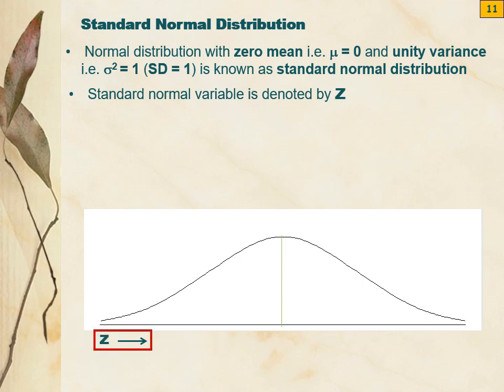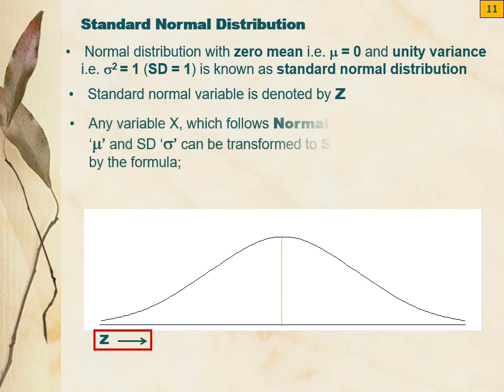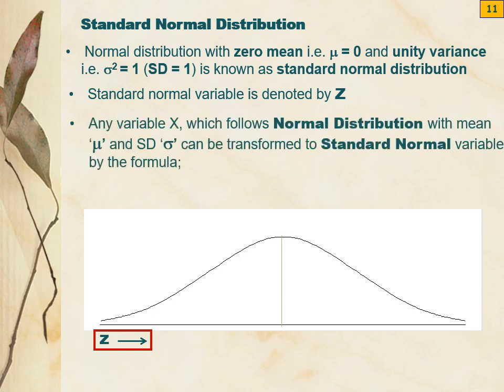There is a formula. That is, the X axis becomes the Z axis, and any variable X which follows normal distribution with mean mu and SD sigma can be transformed to a standard normal variable by the formula Z equal to X minus mu over sigma.